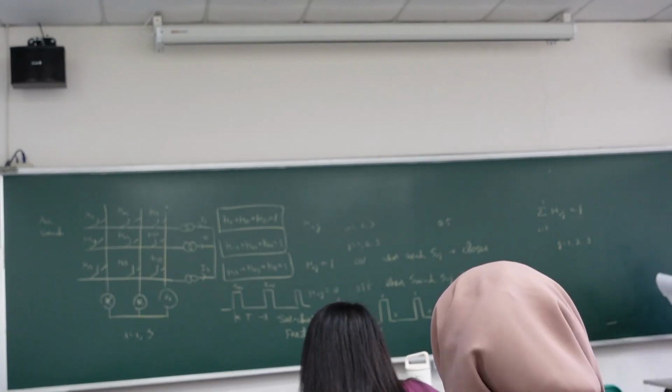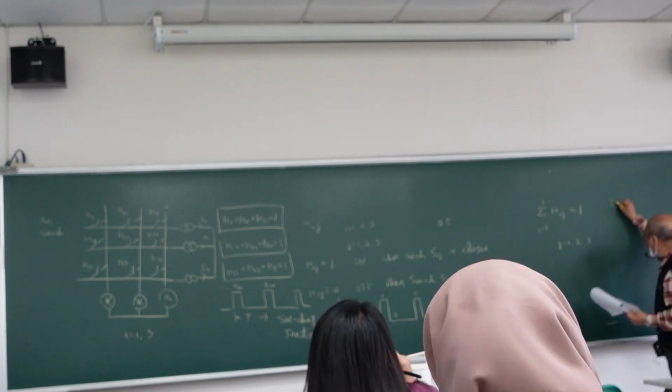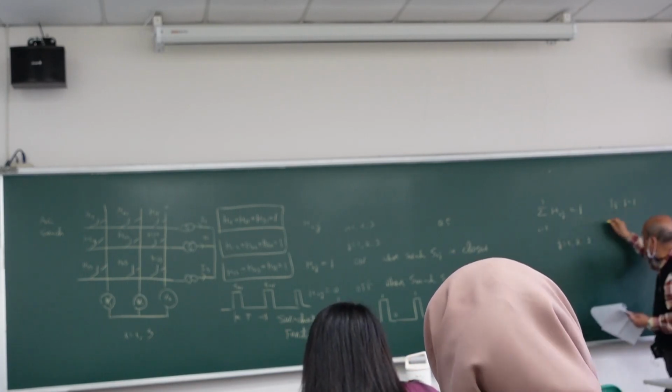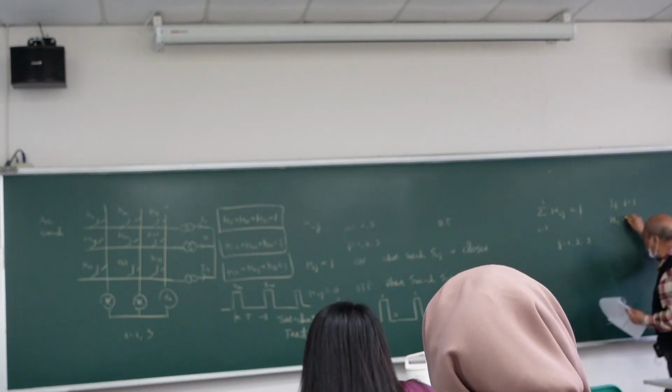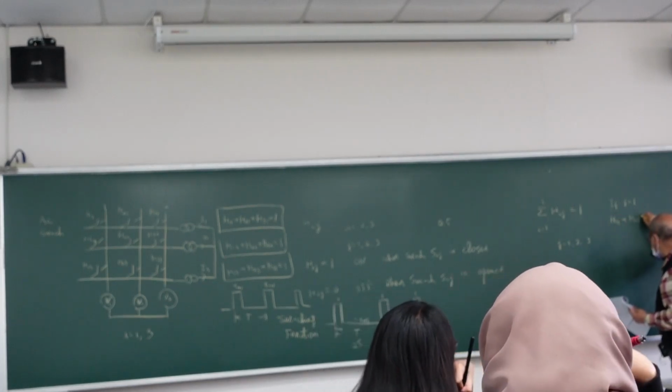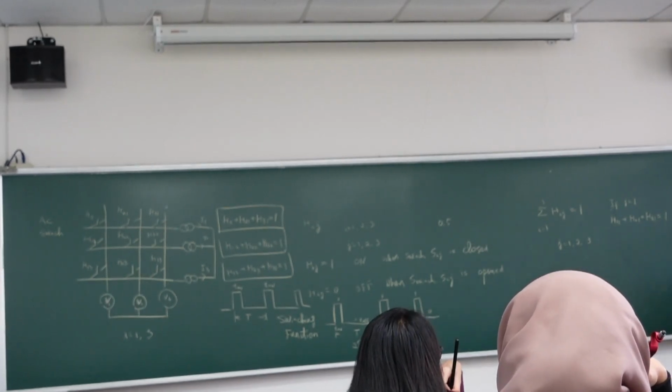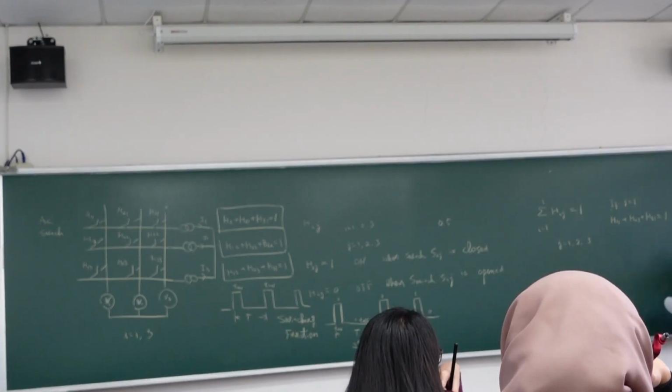So if j is 1, then h11, h21, h31 equal to 1. This is j equal to 1. How about j equal to 2?